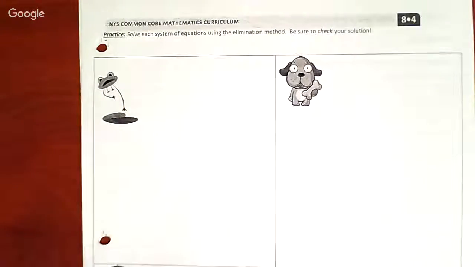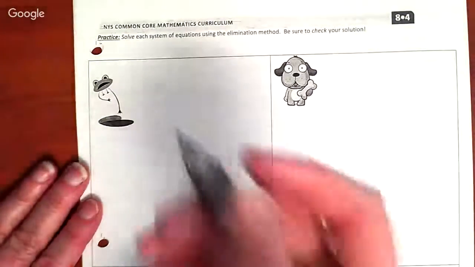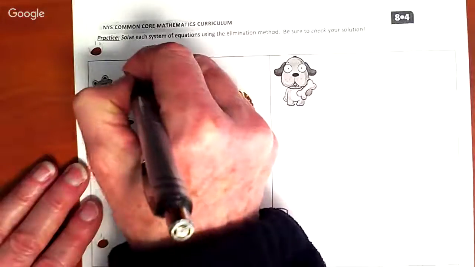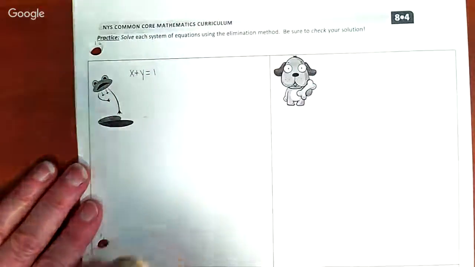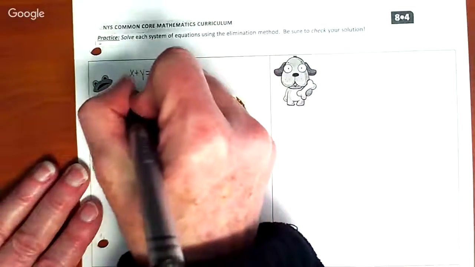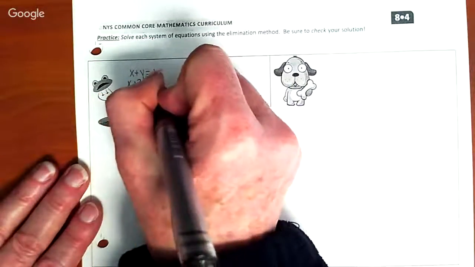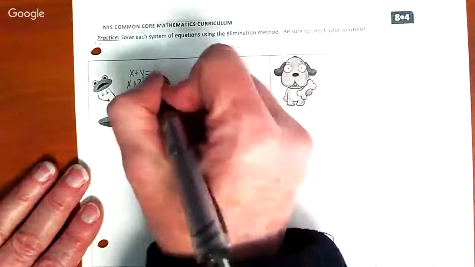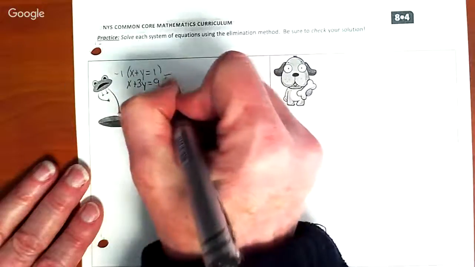Well, let's do one of them, just so that you get an idea of one more. We have x plus y equals 1, and x plus 3y equaling 9. For this one, I would multiply the top by negative 1.